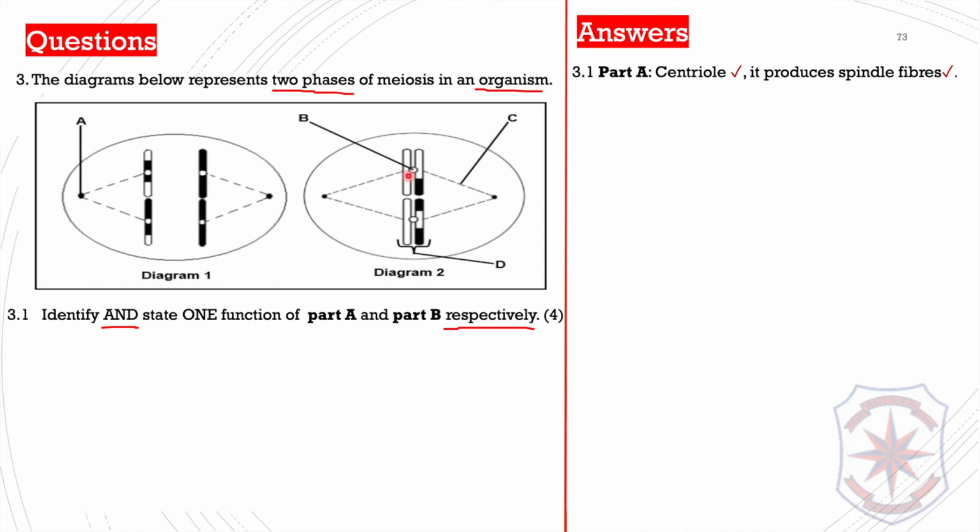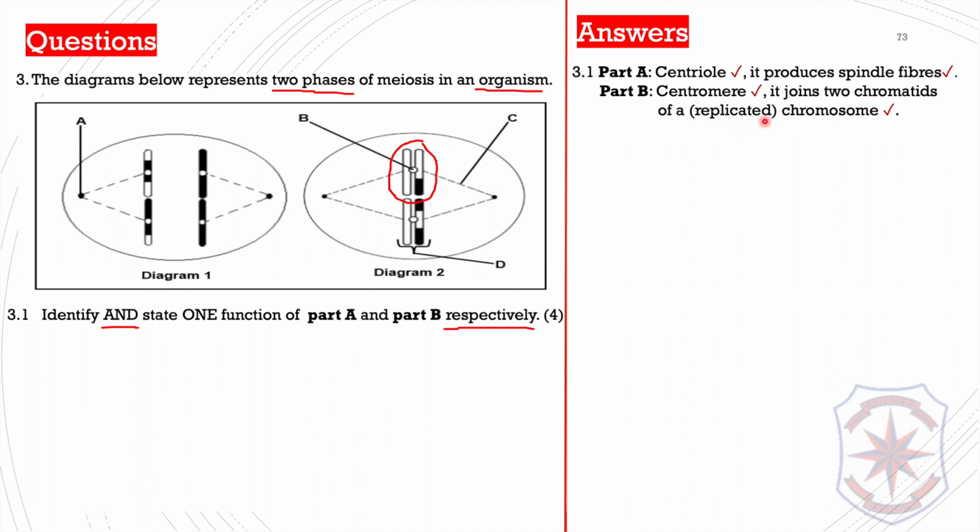And the function of the centromere is that it holds two chromatids of replicated chromosomes together. Remember, this chromosome has two chromatids, therefore it is replicated. Both of the chromatids are held together by a centromere. Therefore, part B is the centromere, 1 mark, and it joins two chromatids of a replicated chromosome together.